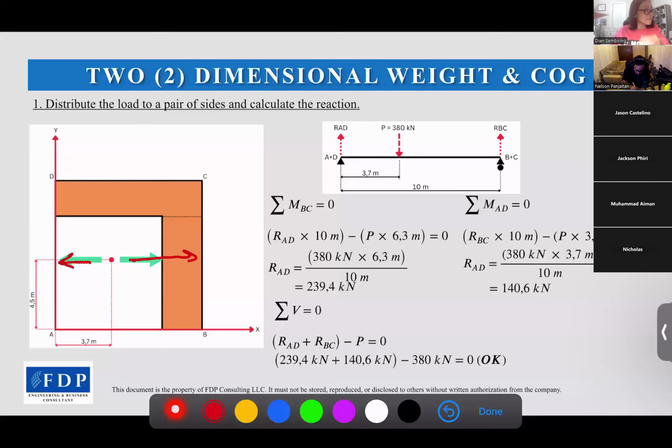Once we get the reaction, it will be sitting on here. And then we continue to distribute the load to here and to here.